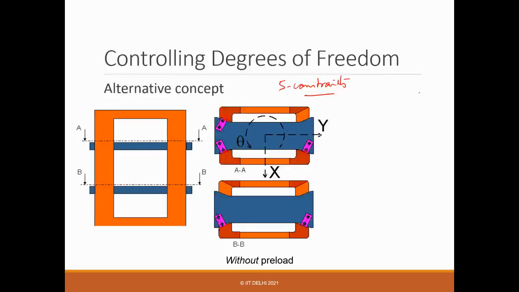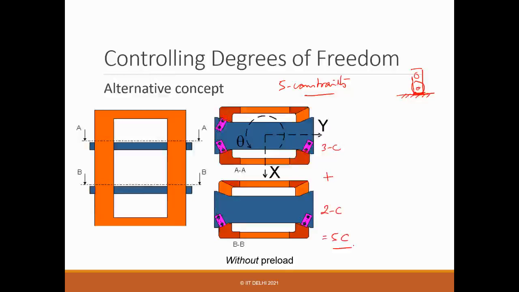So simply you are doing it like this. You are talking about this configuration, and this one you replace with this piece. So it's semi kinematic, I would say, because you use a small surface instead of a point contact. Now you assume that this is one contact. So there are 3 contacts. So on the top plate you have 3 contacts, and on the bottom plate you have 2. So it's in parallel. So 3 plus 2, actually 5 constraints.